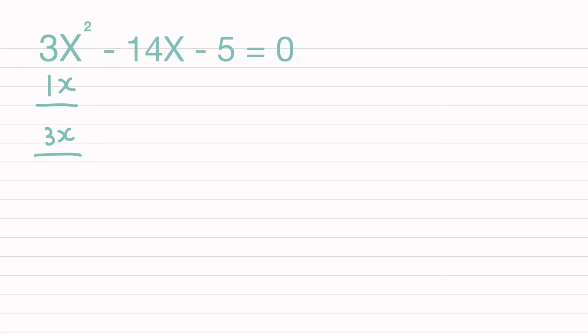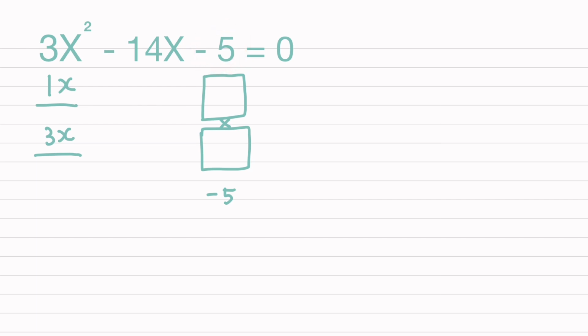I'm going to work on the right side by making these two boxes underneath the third term, which is equal to -5. And I'm going to try to come up with two numbers that when multiplied give me -5 back. -5 is the third term.